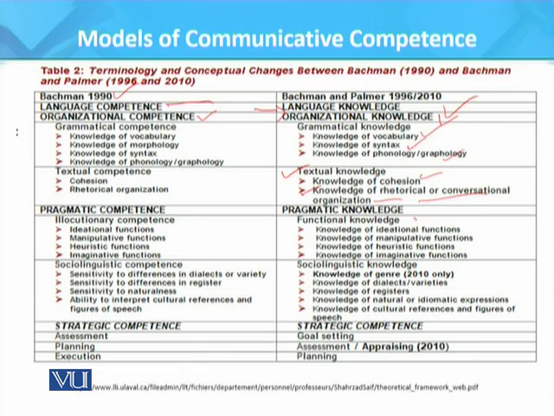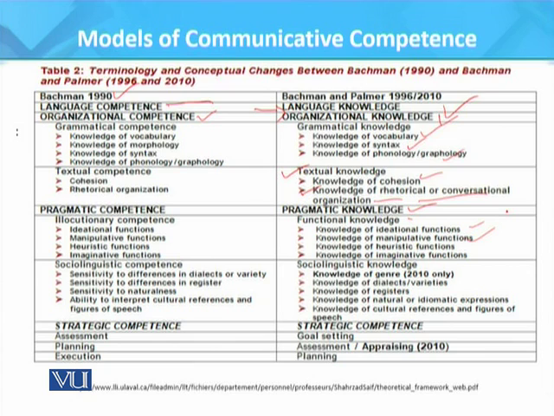Then we have pragmatic knowledge, formerly pragmatic competence, which refers to the function of language. Functional knowledge consists of knowledge of ideational functions, which means the use of language to inform, or to express or exchange information about ideas, knowledge, and feelings. Then knowledge of manipulative functions consists of three types: instrumental, regulatory, and interpersonal.